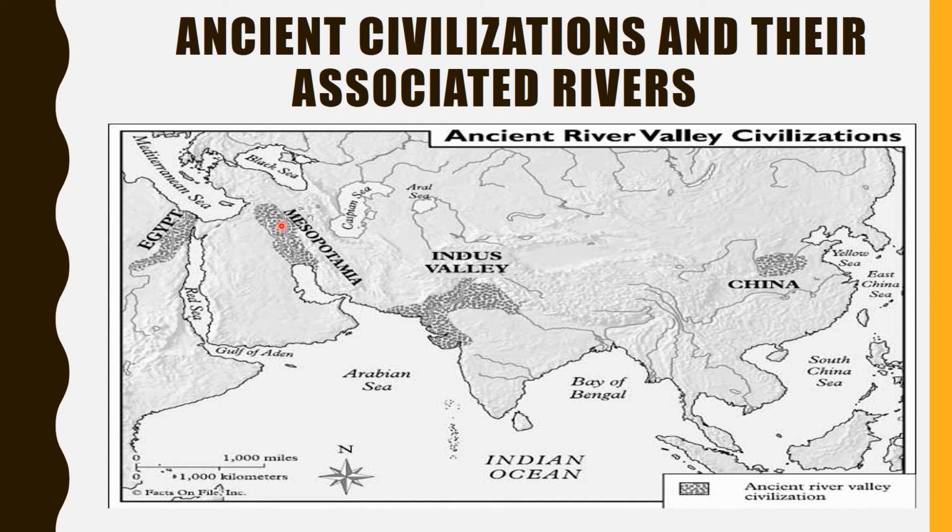Mesopotamia, which would be located in modern-day Iraq and parts of Turkey, had the Tigris and Euphrates rivers as the beginnings of the development of civilization in that region.